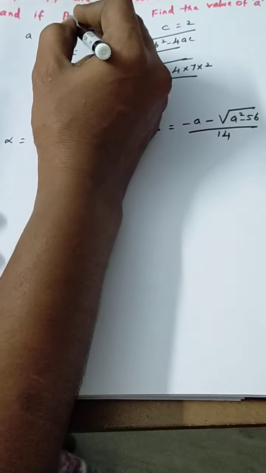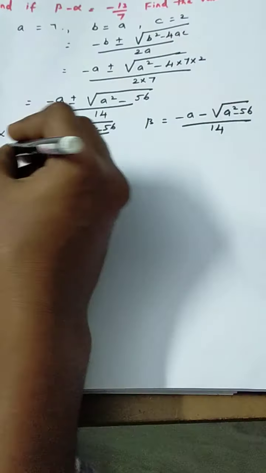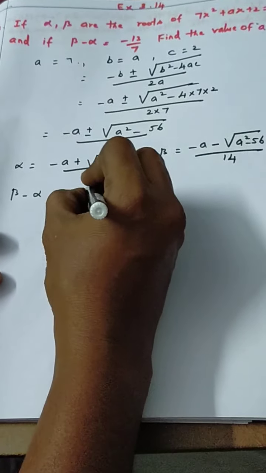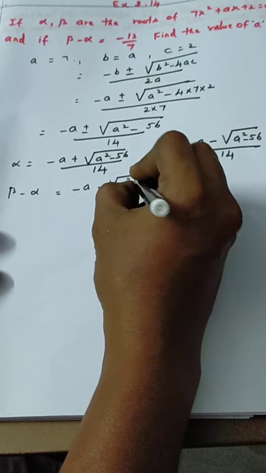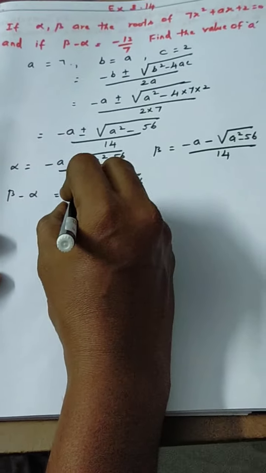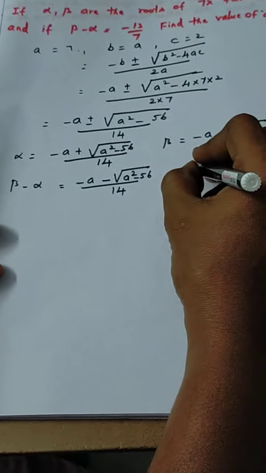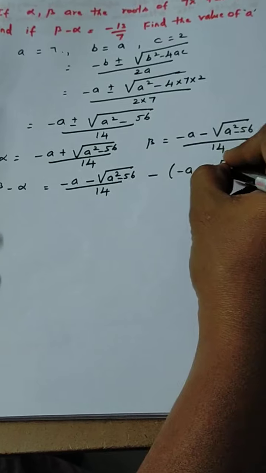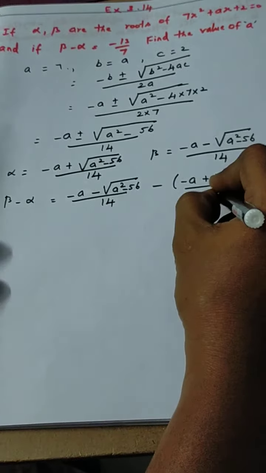So what is the value given? Beta minus alpha equals minus 13 by 7. Substitute the values. Beta is minus a minus root of a square minus 56 divided by 14, minus alpha, within bracket minus a plus root of a square minus 56 divided by 14.